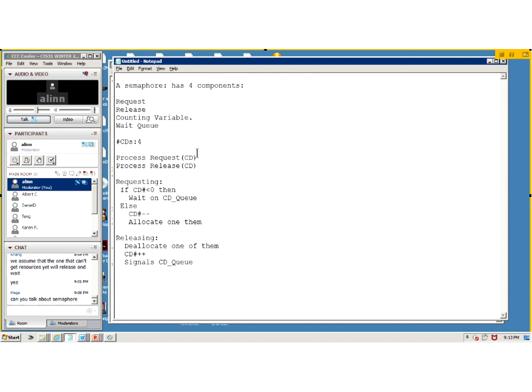Now, what happens at the CD queue on a signal is the same thing as if it's requesting. What's going to trigger is it was sitting there waiting on the queue, and we're going to bring it right back in for that process.